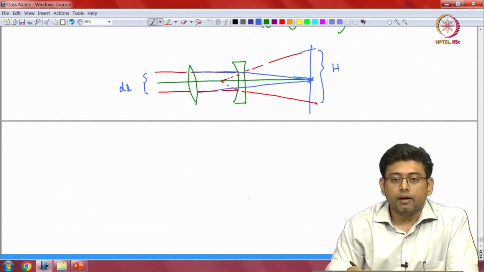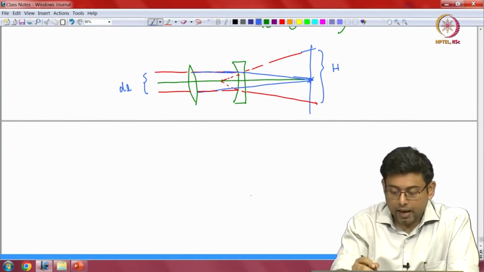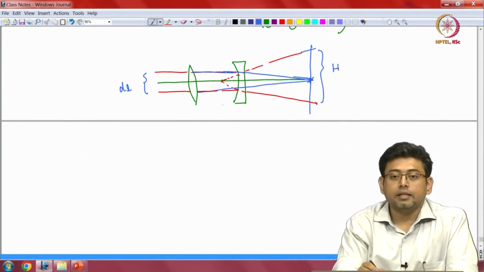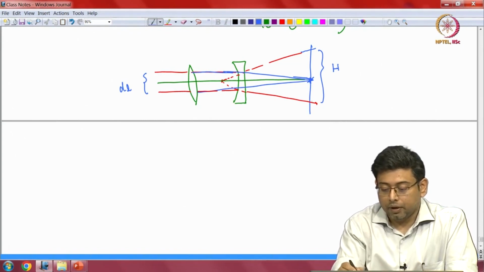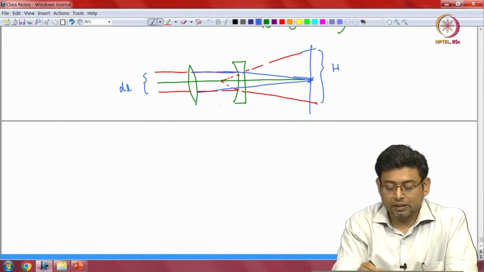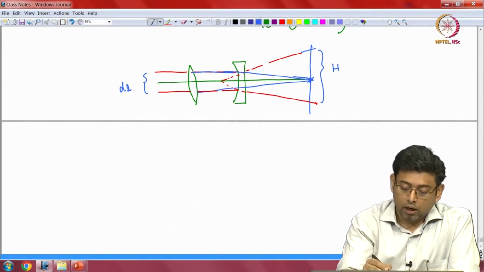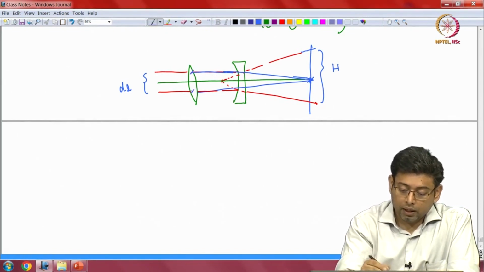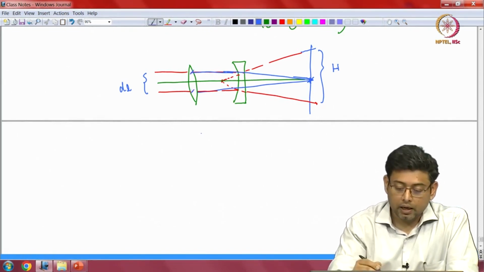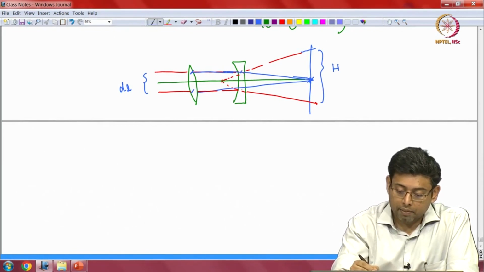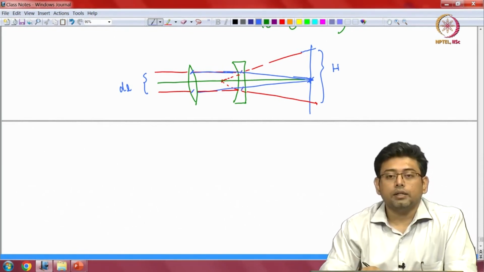Now, I am going to take advantage of the fact that the distance between the lenses is much smaller than this particular distance. This is 490 mm and this is just about 10 mm. So, the diameter of the laser collimated beam here is approximately the same as the diameter that you will encounter at the second lens.